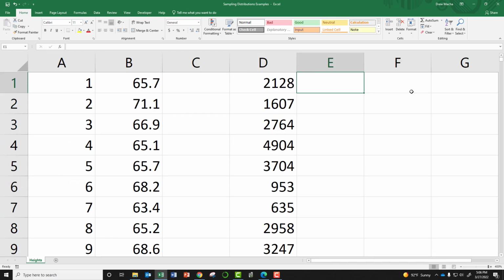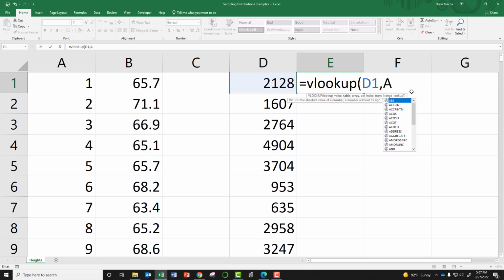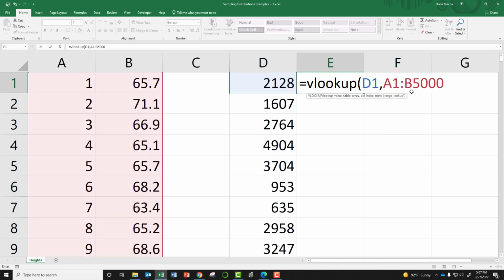Then what I'll do here in column E, to get the measurement of 2,128, rather than spending the time scrolling down and finding that one by hand, is use the formula VLOOKUP in Excel. The lookup value is going to be that one, 2128. The table is going to be the range of cells between A1 and B5000.